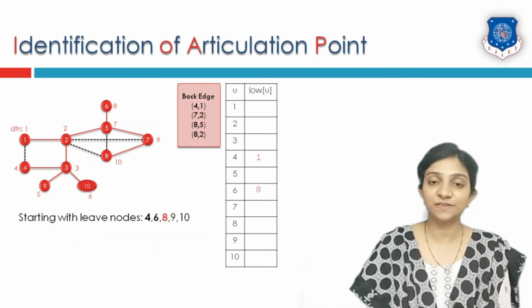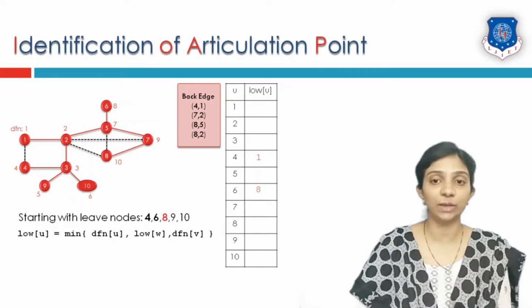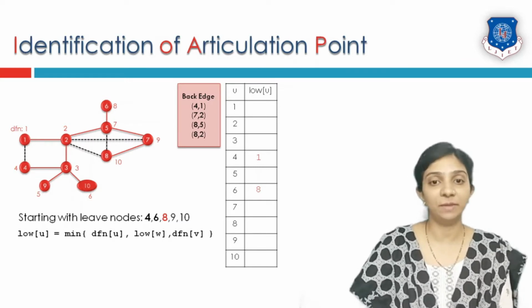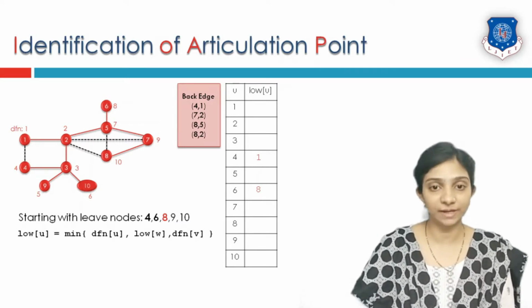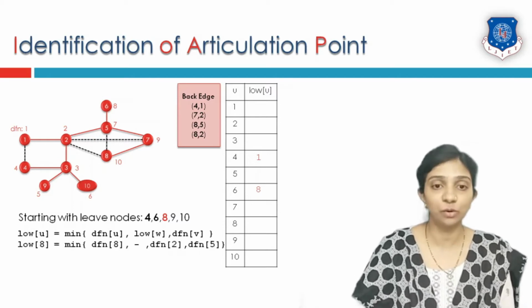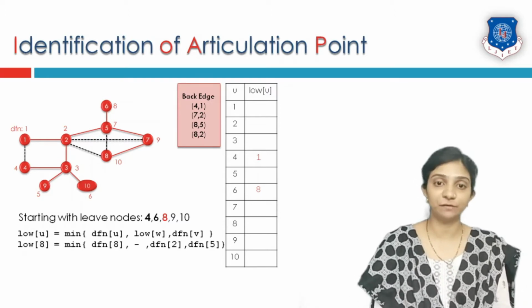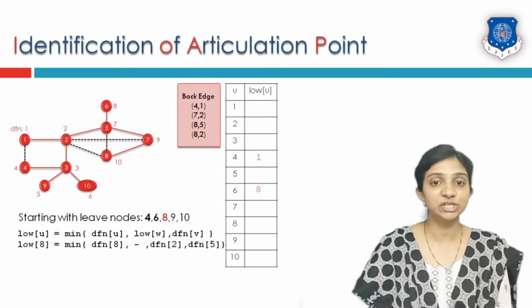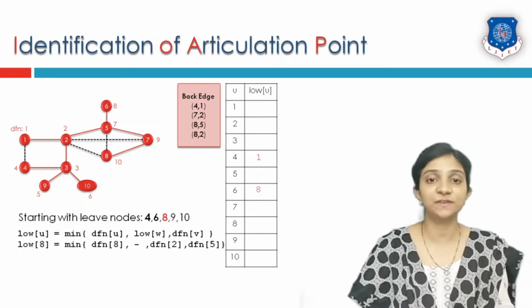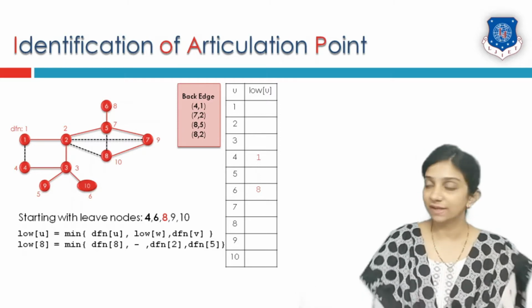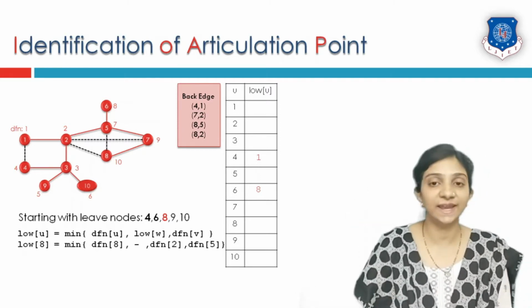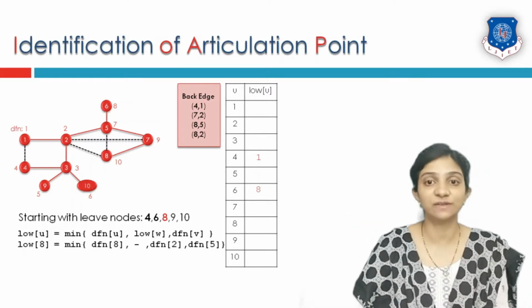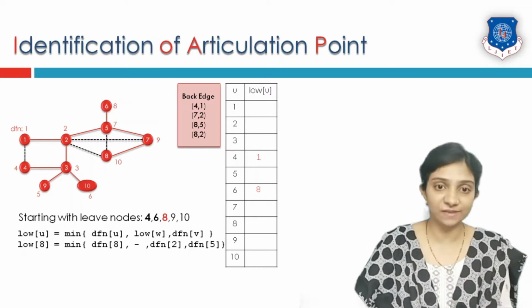With the help of the same formula, let us quickly calculate low of the remaining leaf vertices. Low of 8 is equal to DFN of 8, comma, no child is there, that's why dash. Are there any back edges which start at vertex 8? Yes, from the list I get that there are two back edges which start at vertex 8.